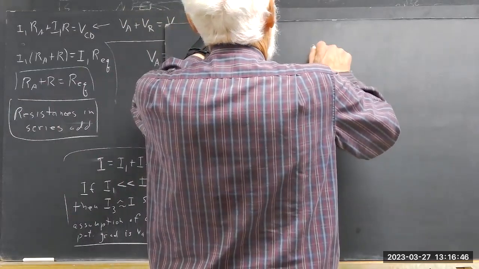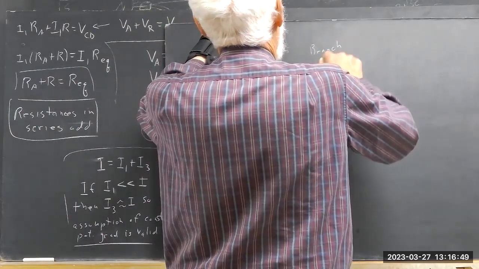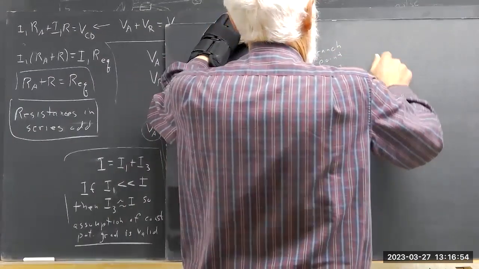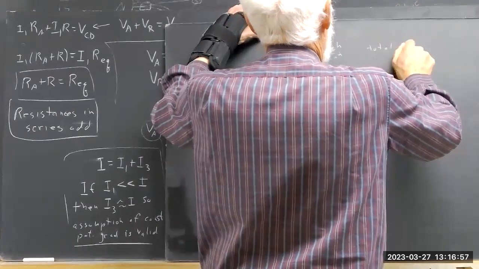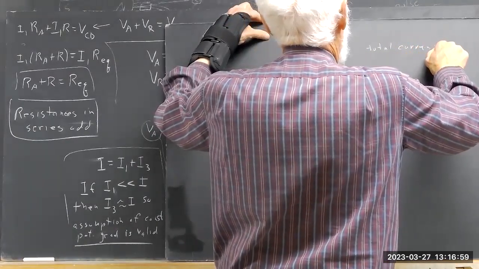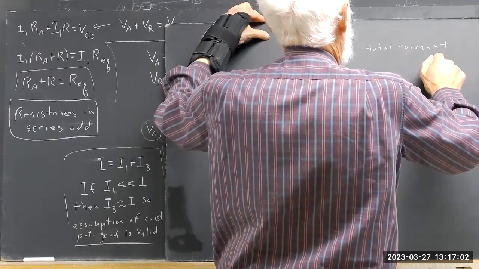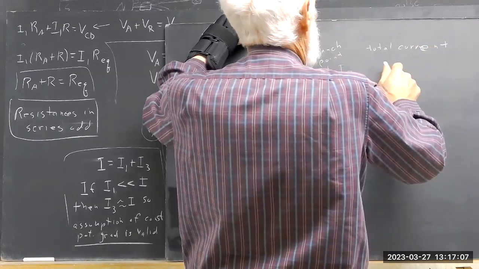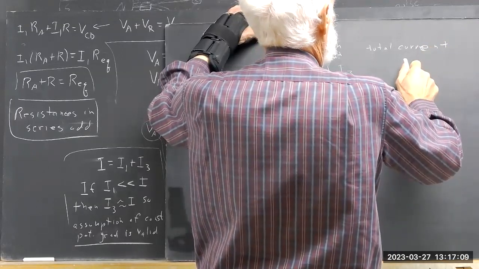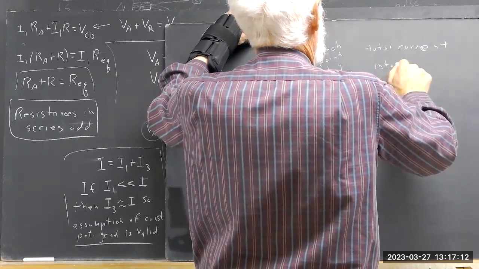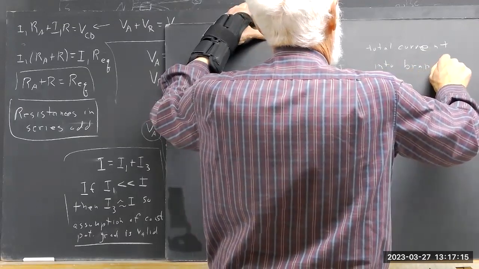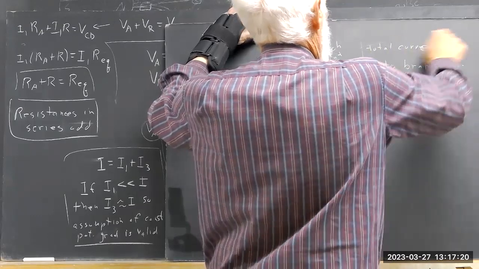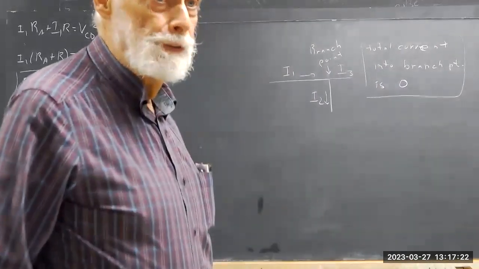This is called a branch point. At the branch point, the sum is zero.